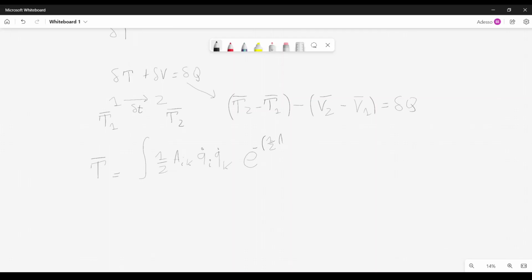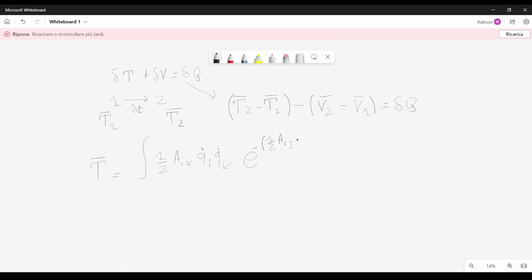So we have 1/2 A_ij q dot i, q dot j, or maybe I can also use the same indices. It doesn't matter. In this case I should call them in a different manner, but whatever. So I can still call them in the same way: A_ik q dot i, q dot k plus V. And then we divide by the Boltzmann constant, k_B, times the temperature.